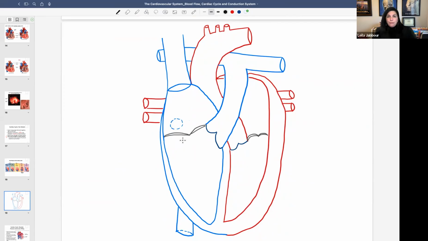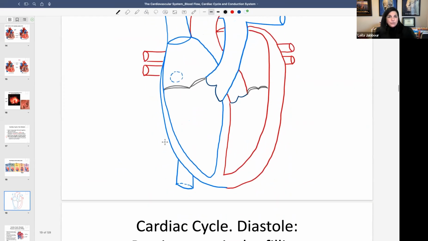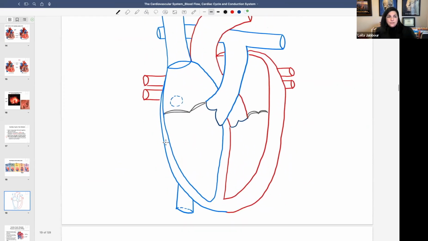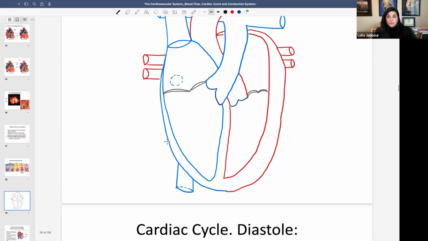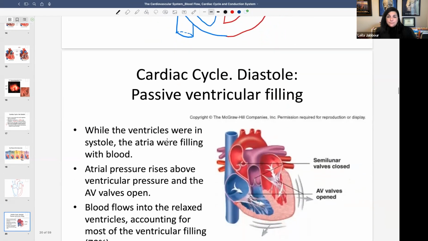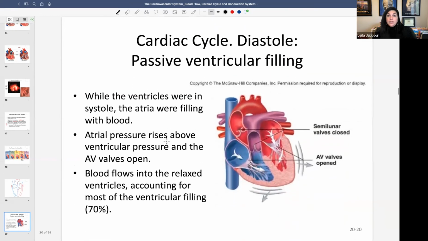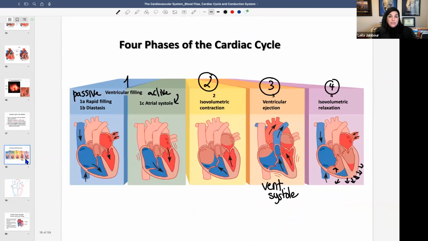I really don't need to redraw it here again, so I'm just going to skip that. You can use it for your own purpose when you're studying. So let's look at each one of these phases, one at a time.